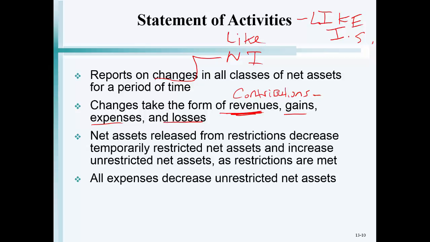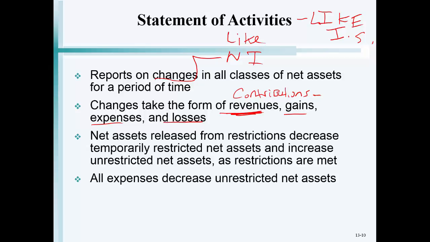And we're going to report the change in net assets. Change in net assets is like net income. If you didn't have dividends, you could call net income the change in retained earnings, couldn't you? So we don't call it net income in not-for-profits. We call it change in net assets, just like we called the net income of our governmental funds change in fund balance, didn't we? Okay.